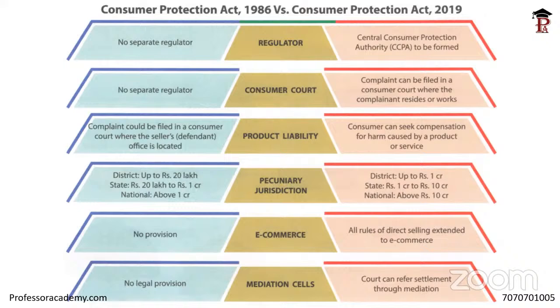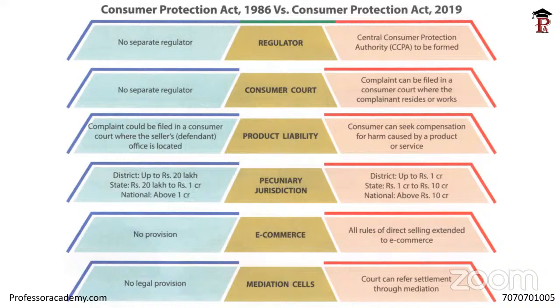Earlier, before 2019, the courts would look at such issues, but now there is a different authority that looks at consumer issues and sees whether consumer rights are met or not. Then we have the consumer code in 1986.